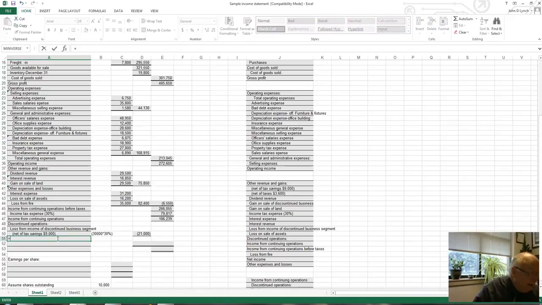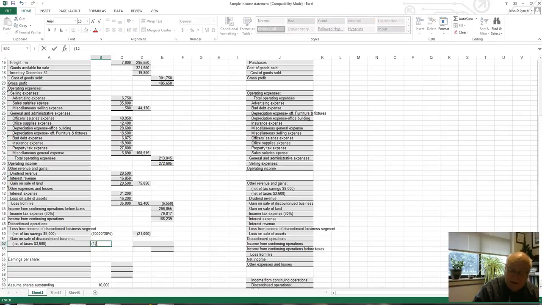That's our share of the loss. And then we're going to have a gain on the actual sale of the item. Gain on sale of discontinued business segment. And again, it's a 30% tax bracket. So this time we're going to assume that we had a $12,000 gain on the sale.